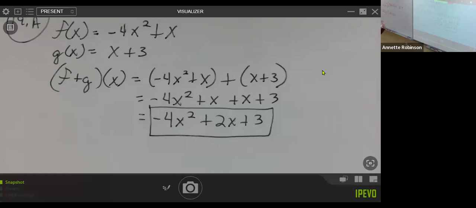We can put positive numbers in for x. We can put negative numbers in for x. We can put a little zero in for x. We can put a fraction in if you want to.